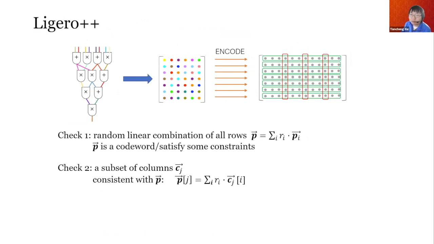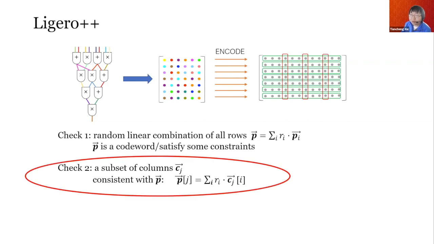So look, in the linear test, we have check 1, which can be formulated as an inner product here. And check 2, luckily we can also formulate as an inner product. So the first inner product has the size of the row, the second inner product has the size of the column. So if we plug the inner product argument into this scheme, intuitively we can get a polylog proof size, right?